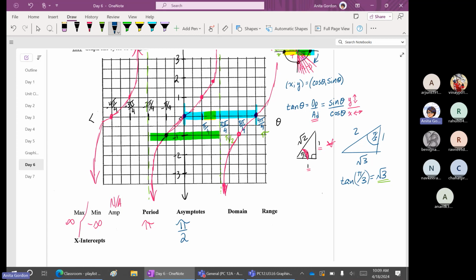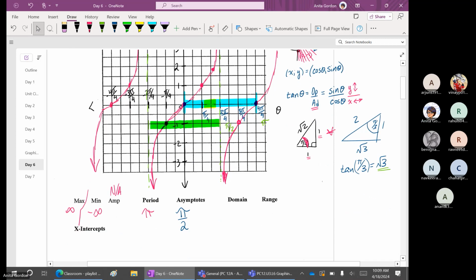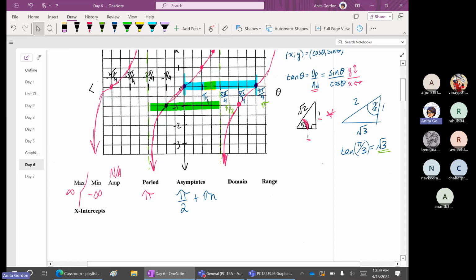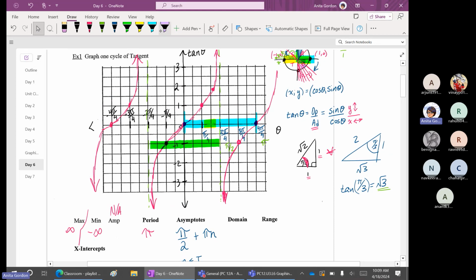So how can we identify the asymptotes? Plus pi? I'm not going to do plus or minus because n is an integer, which means n could be positive or negative. What is the distance between the asymptotes?